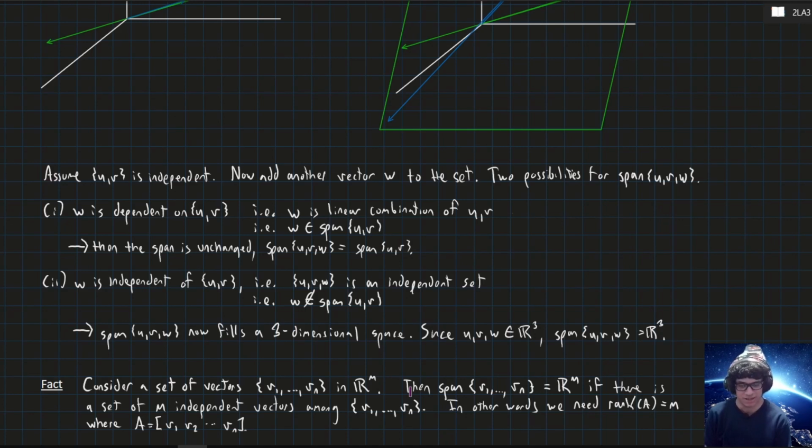It's just that there needs to be a subset of these vectors of size m that is independent. Okay, that's the requirement. In other words, we need the rank of the matrix A to equal m, where A is formed by putting these vectors as columns.